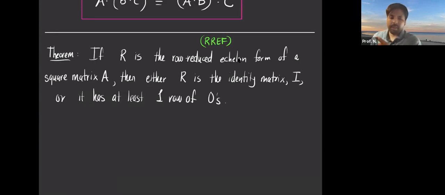So there are only two possibilities when we perform Gaussian elimination upon a square matrix. You either get the identity matrix, with ones all on the diagonal and zeros everywhere else, that's what we've been doing in the beginning, or you start realizing, wait a minute, a row of zeros just popped up every time. So that's one thing about row reduced echelon form.